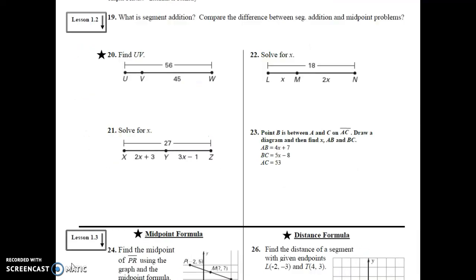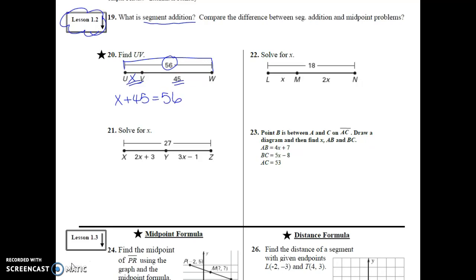On page 2, we're going back to lesson 1.2, and we're going to talk about segment addition. Notice that these diagrams are different because there are no tick marks, there is no use of the word midpoint or bisect. There's nothing that's equal about them, but we do have the whole segment as 56, and we have these 2 parts right here that should add up to 56.